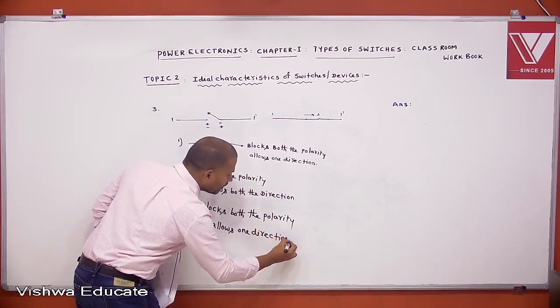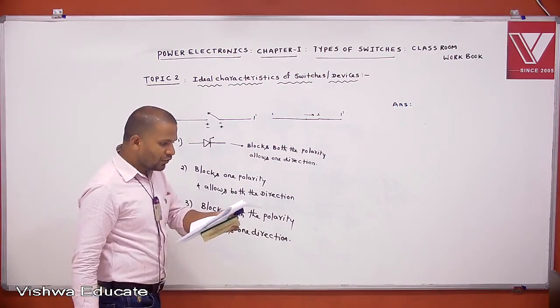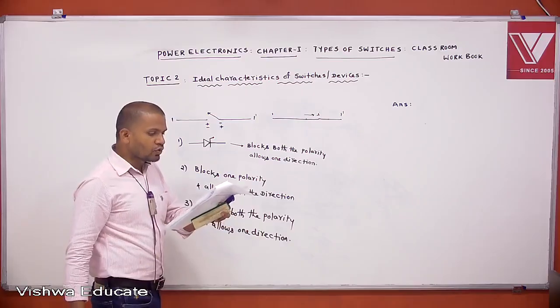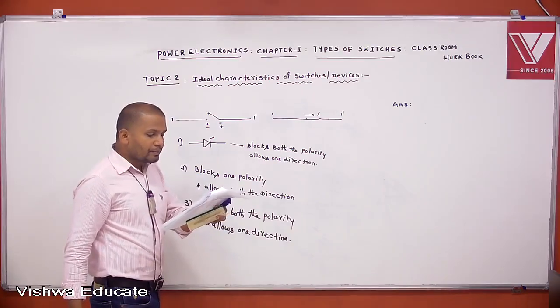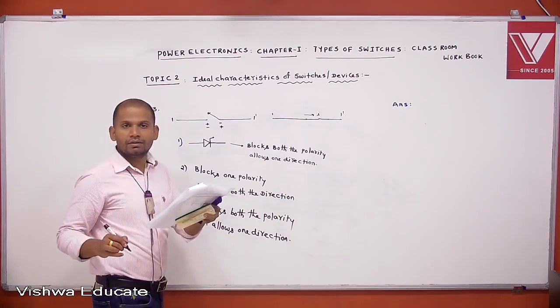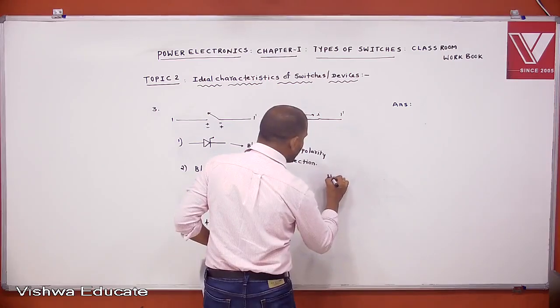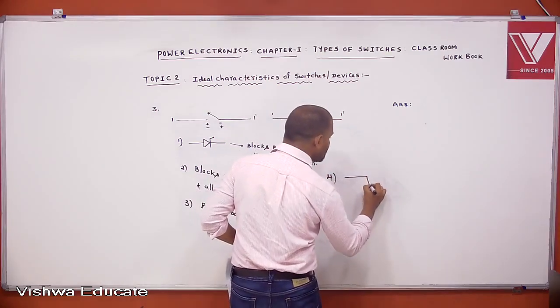Understood? All these characteristics I have given, no need to draw once again. What is the fourth one? Fourth one is a transistor with series diode and anti-parallel diode. Can you try this one? The characteristics for this one are given like this.